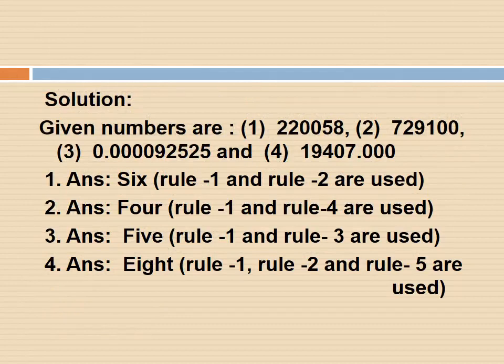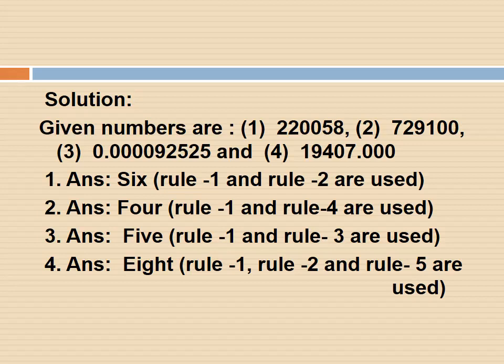What is the solution? The numbers are given. First one, answer 6. There are 6 significant digits. Here we have used rule 1 and rule 2. Second one, answer is 4 significant digits.